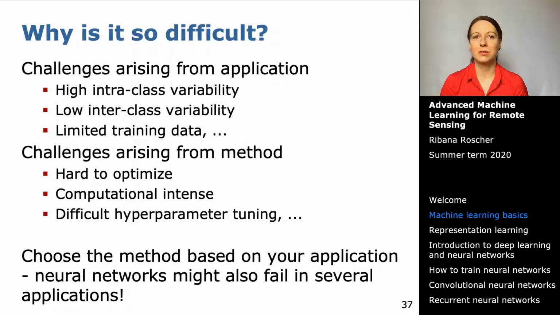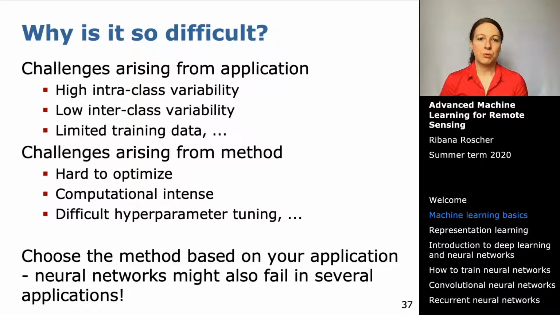So it's very hard to distinguish between them. In remote sensing and also in agriculture applications, it's a very common problem that you have only a limited amount of training data. So if you want to learn complex models with a lot of parameters, it's a problem that you do not have enough training data to learn a model in a stable and robust way.